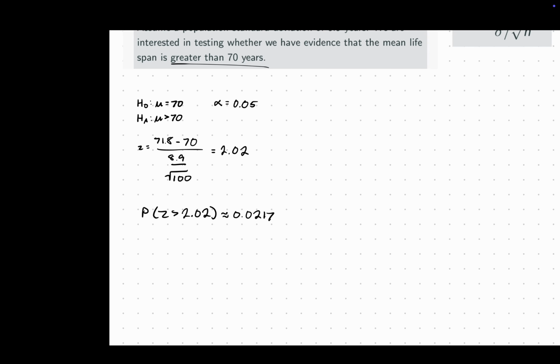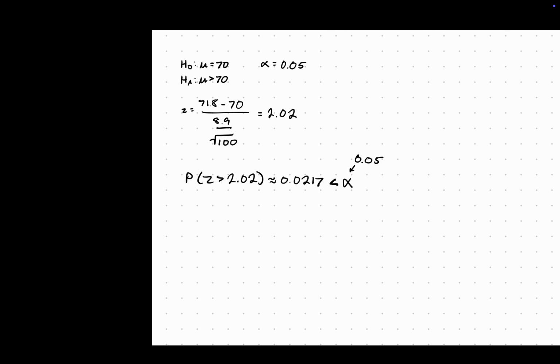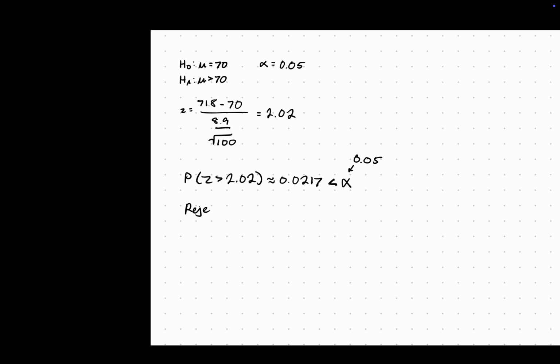Because this value is less than our alpha value, which here is 0.05, we can reject our null hypothesis, H0, and so we have statistically significant evidence that the mean lifespan is greater than 70 years.